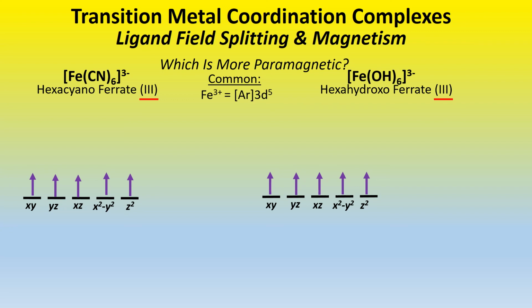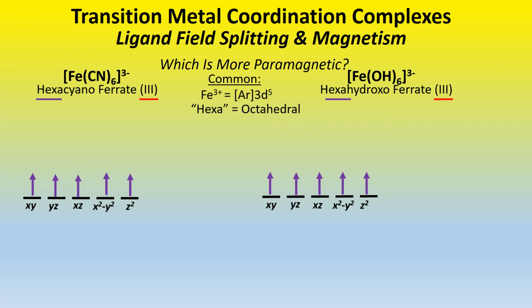Secondly, at the beginning, you notice hexa. Hexa, coordination number of 6, means they are all octahedral, which means they will all split 2 up, 3 down.